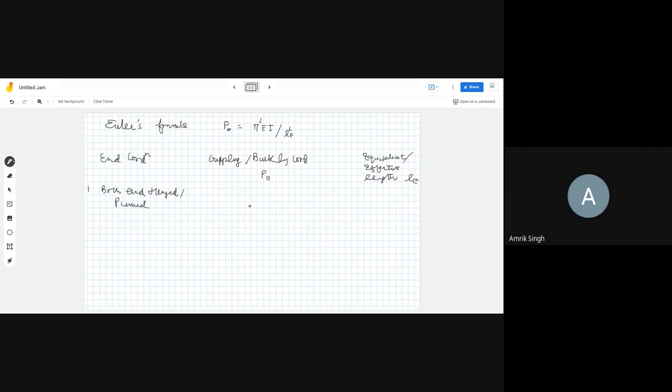So in this case, this was pi square EI upon LE square, where LE in this case is L. That is, L is the length of the column.